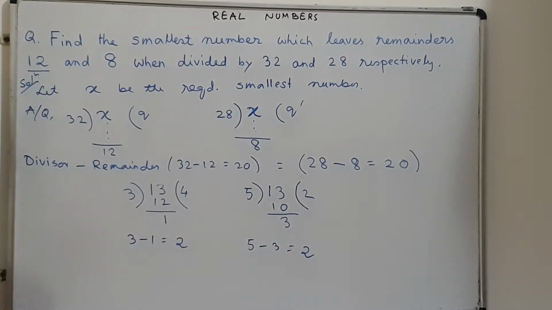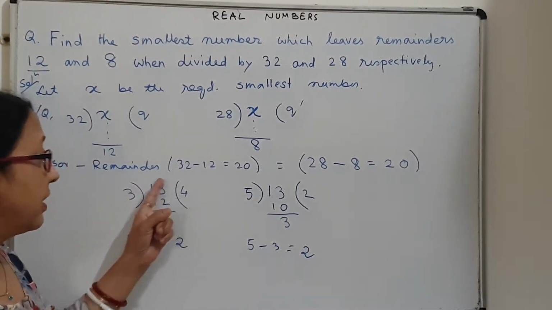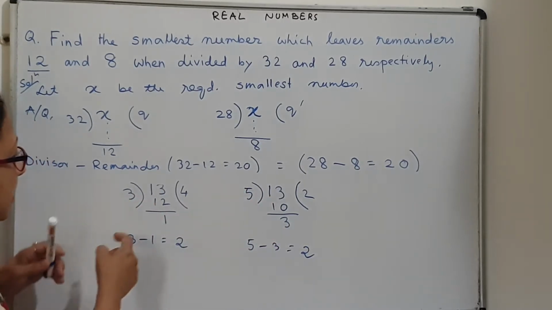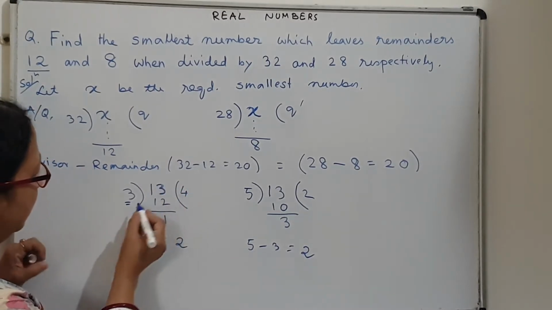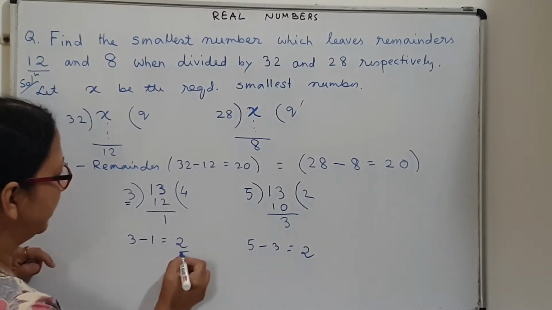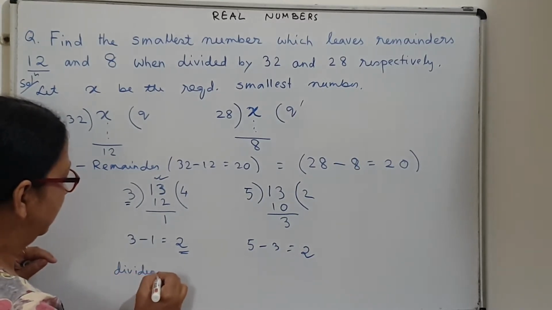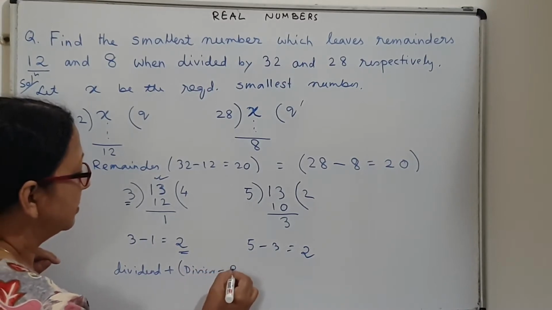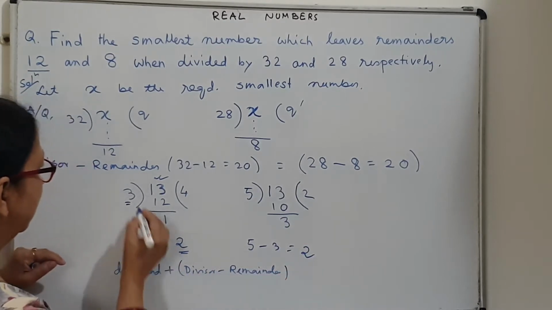Now whenever there is a remainder in a division process, surely the dividend cannot be a multiple of the divisor, obviously. So how can I get a multiple of this divisor? You observe, the difference is 2. If I add this difference to the dividend, that is dividend plus divisor minus remainder, what happens?